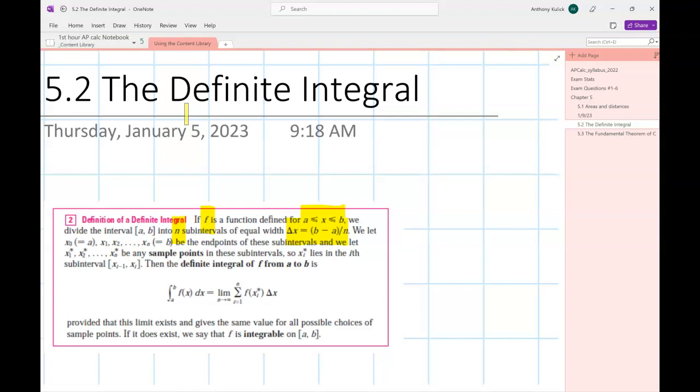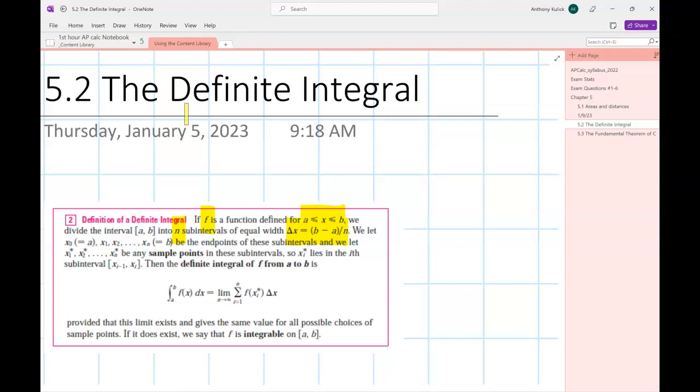So it could be the left end, the right end, the midpoint, or some other third point, like a third of the way through. It doesn't matter. In fact, they could be randomly chosen inside that interval. Doesn't matter, as long as that point lies on the subinterval.